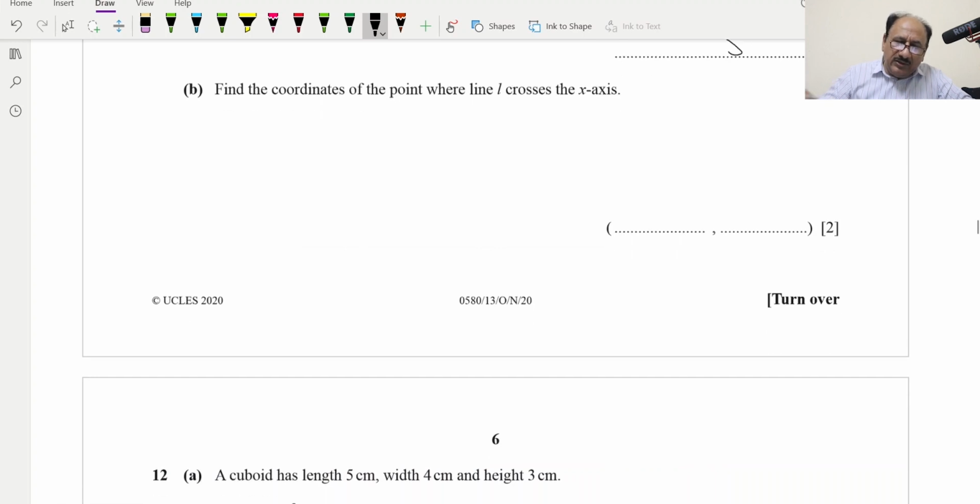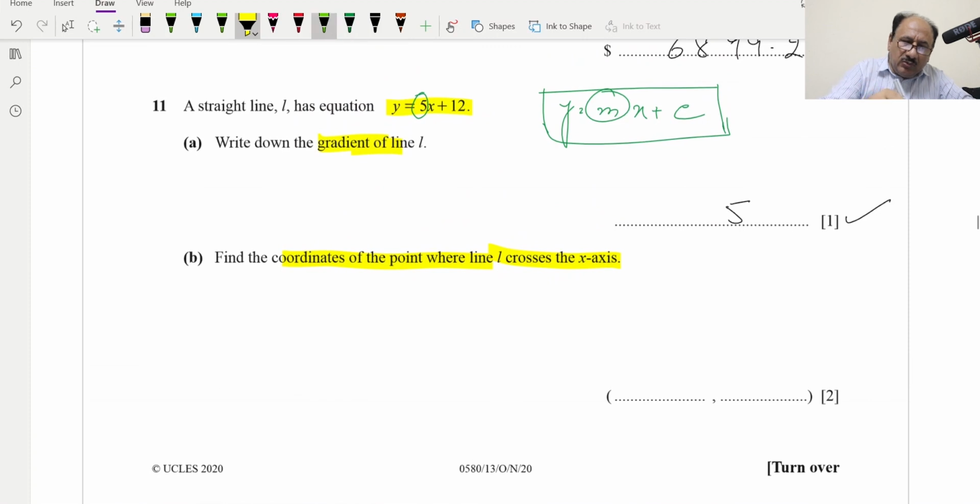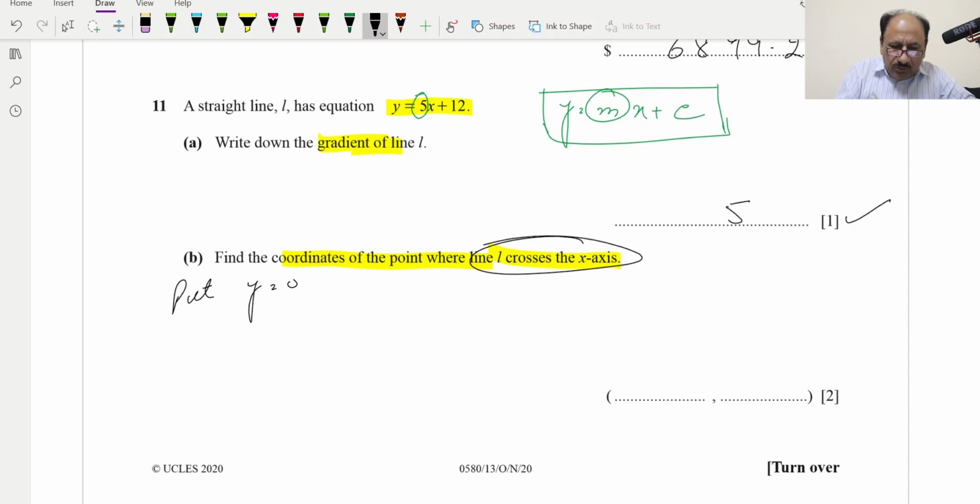Then B part, find the coordinates of the point where line L crosses the x-axis. Equation of line is this one. Crossing the x-axis means y value will be 0. So in the given equation we will put y is equal to 0.